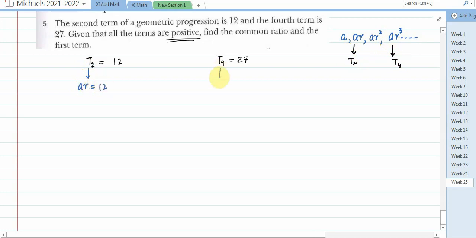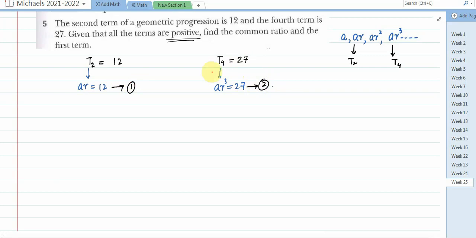Instead of t4 I can say ar cube equals 27. Again you got two equations, equation number 1 and equation number 2. Why don't you give it a try by yourself and simplify in the same manner that I had done in the previous one. You have a time of 3 minutes to give it a try, and start.